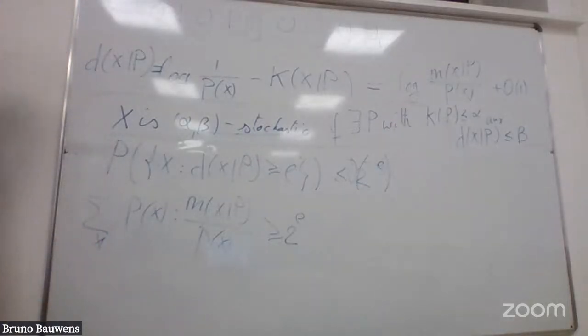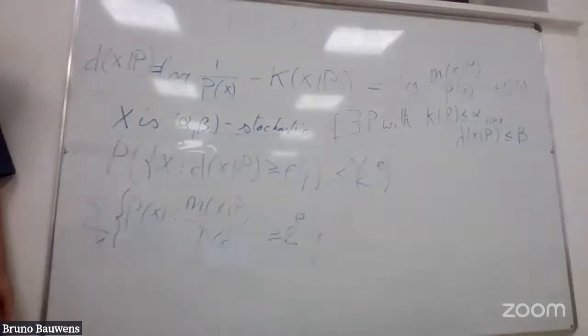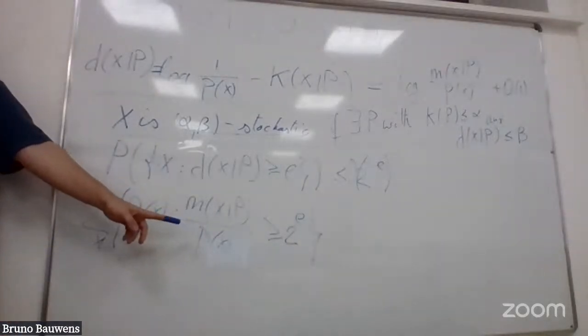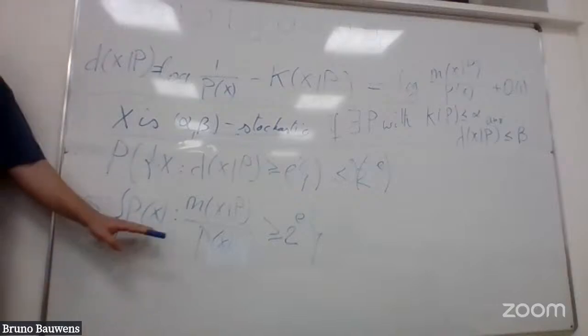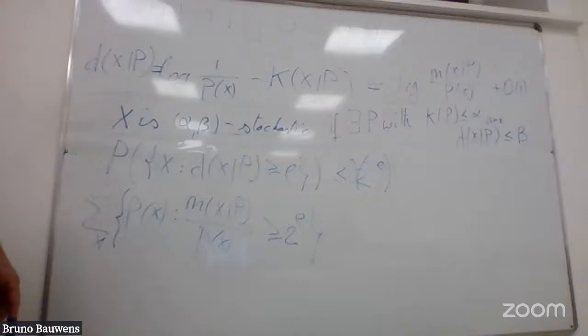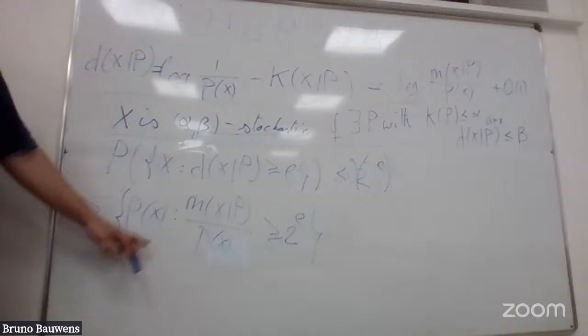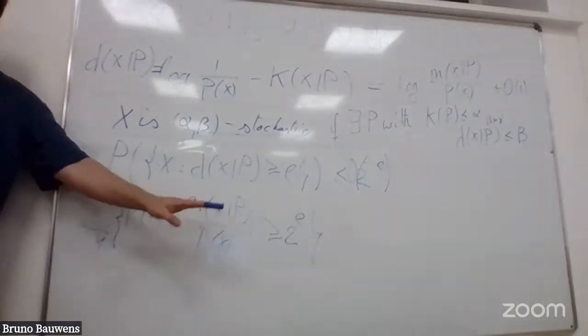So is it clear why this is smaller than 2 to the power minus e? When we sum over all the x's, imagine that we have a set of x's that satisfy the condition.